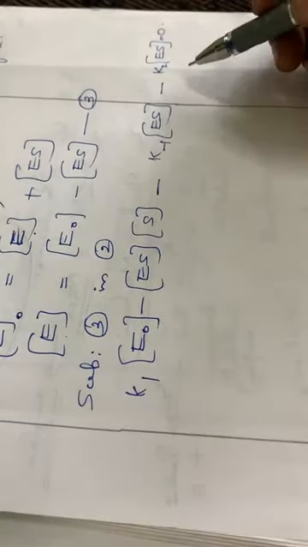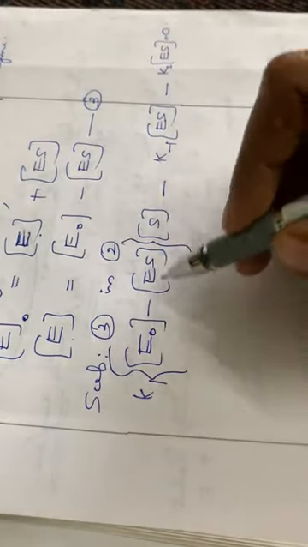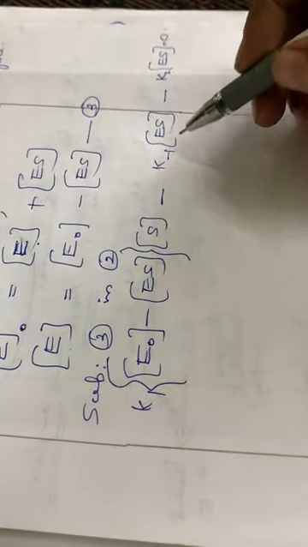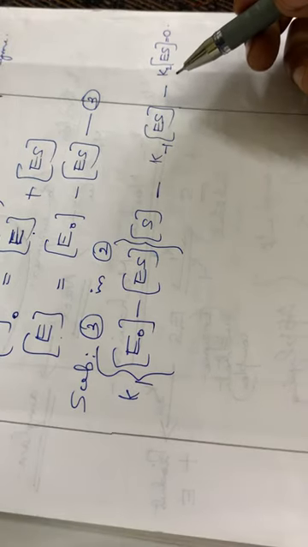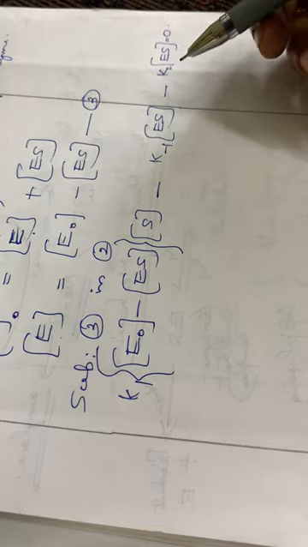K1 into this much, so this is a common bracket: K1 into E0 minus ES into S minus K inverse into ES minus K2 into ES is equal to 0. So again you have to simplify this equation.